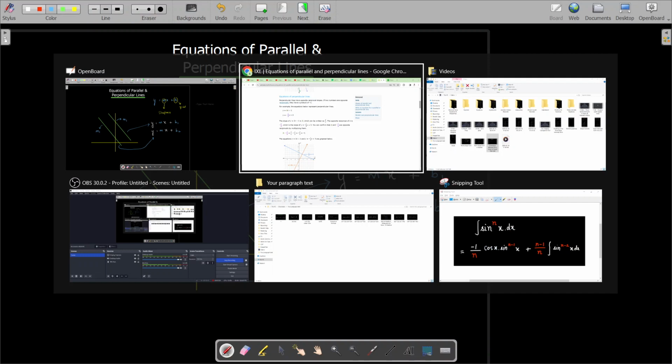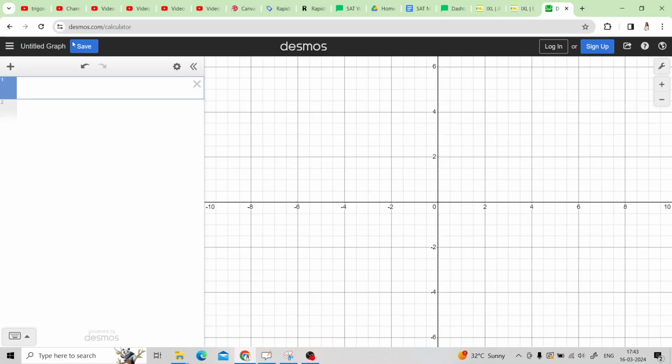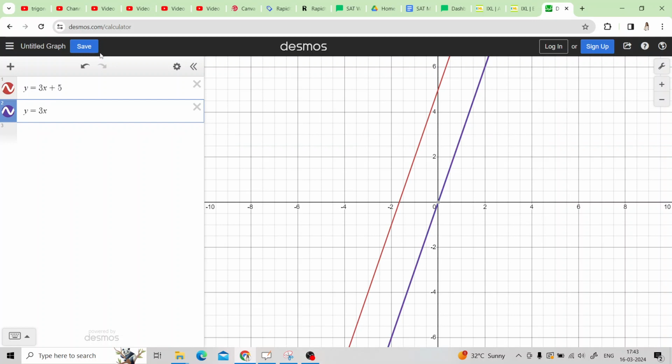So let's look at one example on Desmos. I'm going to go to Desmos. For example, let's take the example y equals 3x plus 5. And now let's keep the slope the same, y equals 3x, and this time let's take the y-intercept minus 2. So you can see that these two lines are parallel, they have the same slope, but the y-intercept is different.